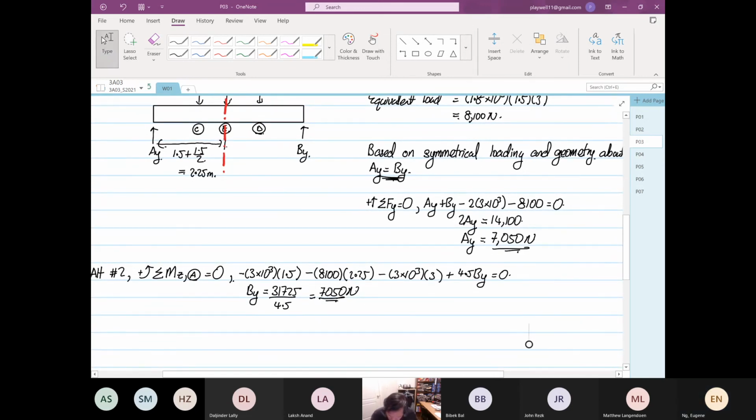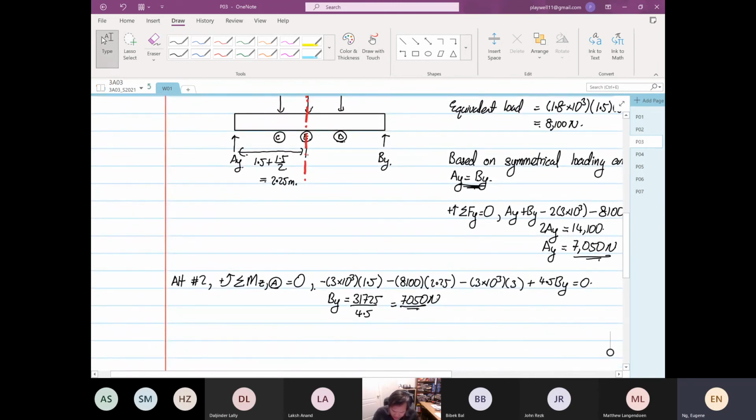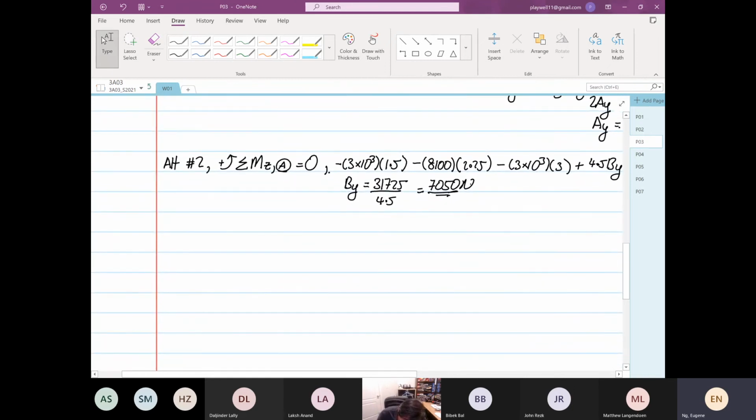From here, we are going to find the load distribution between A and C. What we are trying to do down here is find the bending moment equation.